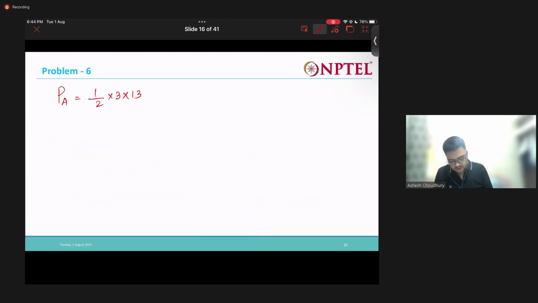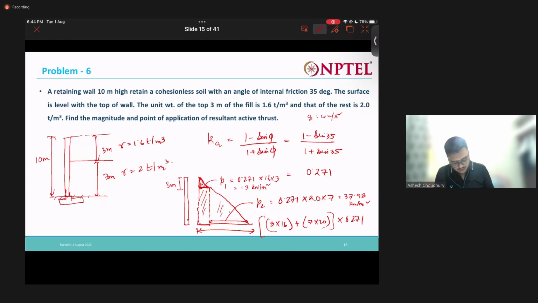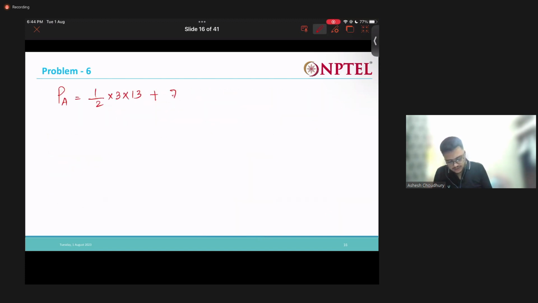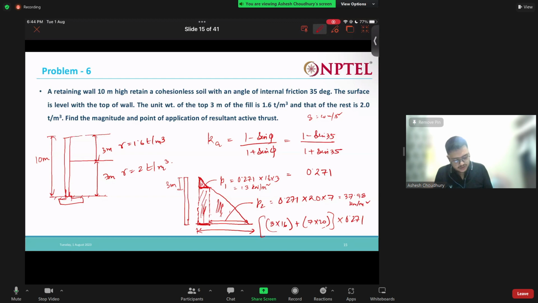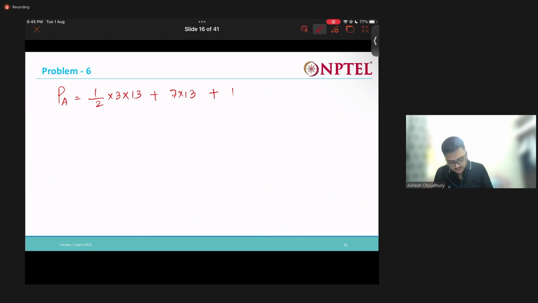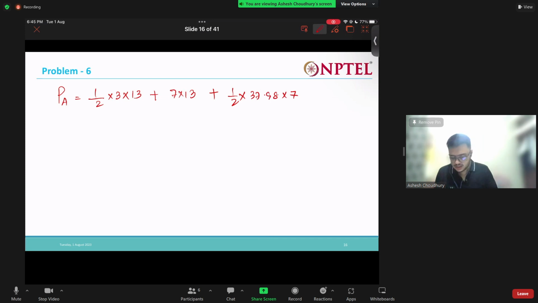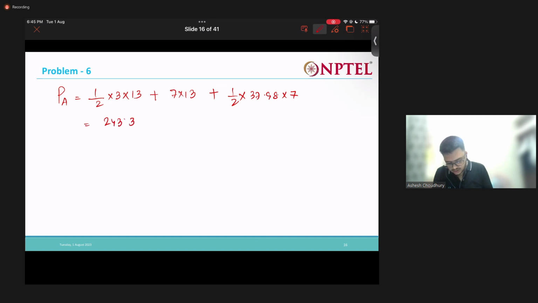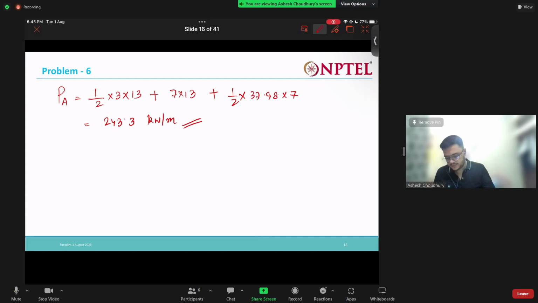So half into 3 into 13 plus area of this rectangle, which is 7 into 13, plus area of this triangle, which is half into 37.98 into 7. All right, so if we add all these, we get 243.3. So this is our resultant total active thrust that is acting, right?